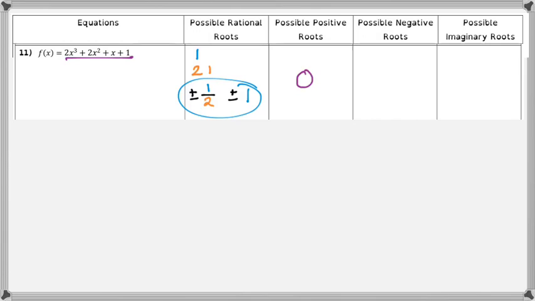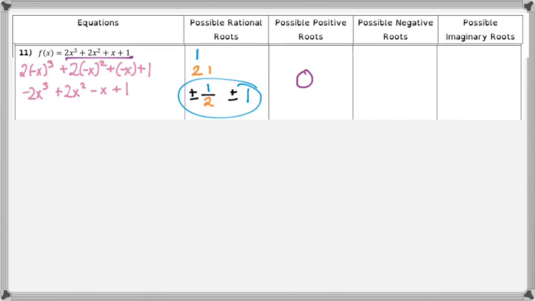Now I'm going to plug it in and see what happens whenever I have a negative go into play for x. So 2 times negative x cubed plus 2 times negative x squared plus negative x plus 1. It's going to change the sign on the first one, keep the sign on the second one, change the sign, keep the sign.